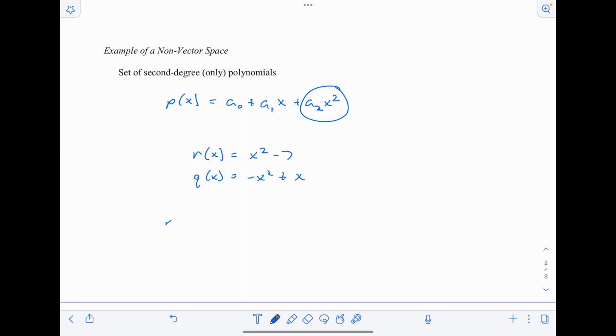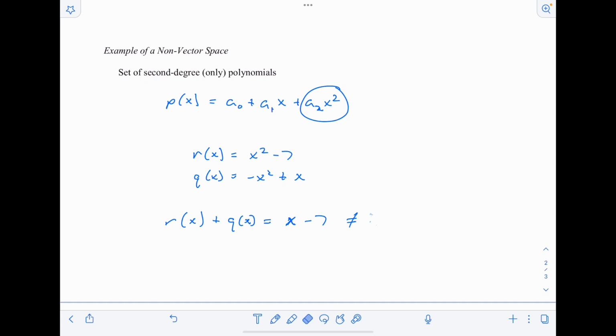If I want to take r of x plus q of x, when I add these two together, I have an x squared plus a negative x squared. Those cancel. I have an x and I have a minus 7. Well, I can add them together. That's no problem. But the problem is that this is not a second degree polynomial.